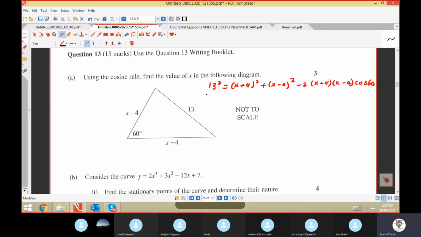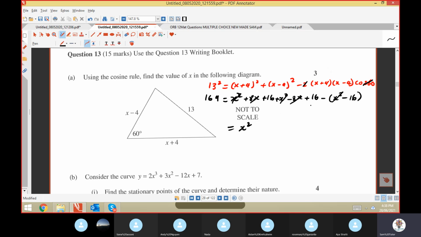My turn. 169 equals x squared plus 8x plus 16 plus x squared minus 8x plus 16 minus, cos 60 is half, actually. Half times 2 is 1. Then that becomes a difference of two squares, just so we don't have to do it any longer. Expand. x squared plus x squared is 2x squared, minus x squared is just 1x squared. 8x minus 8x is gone.